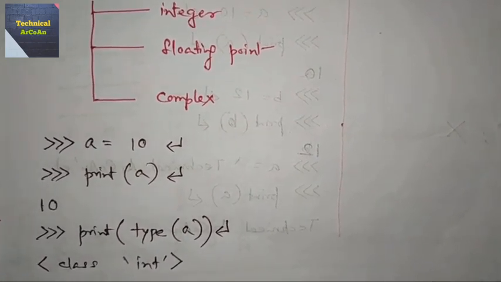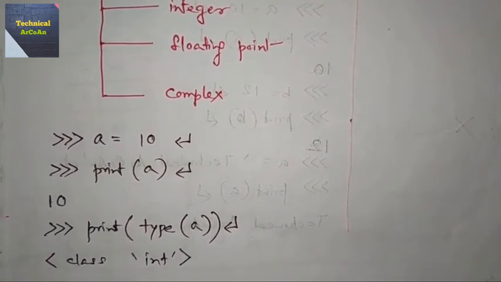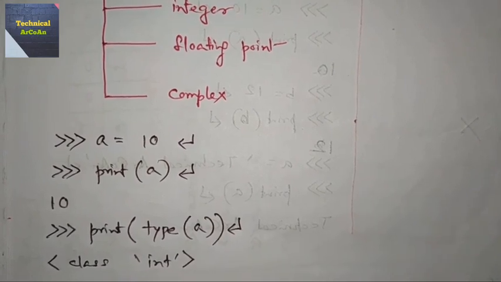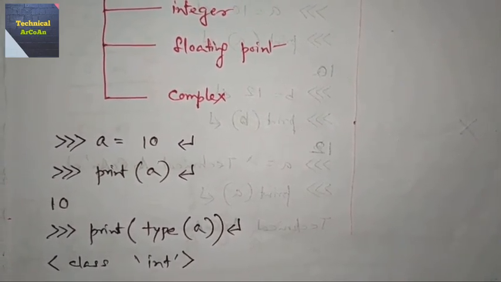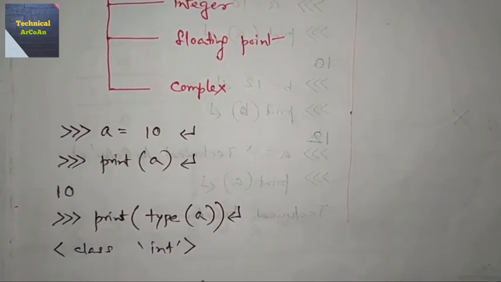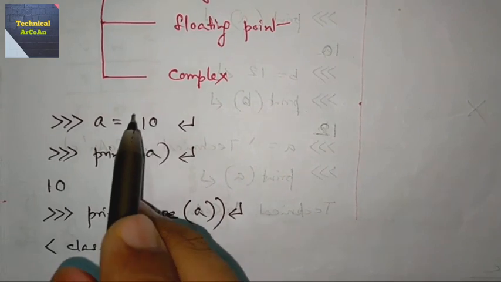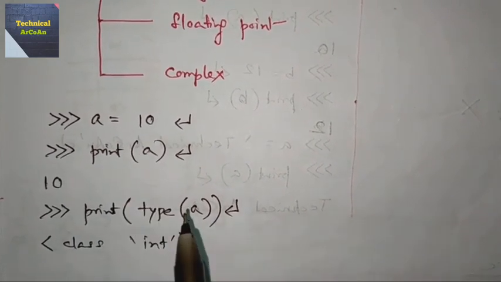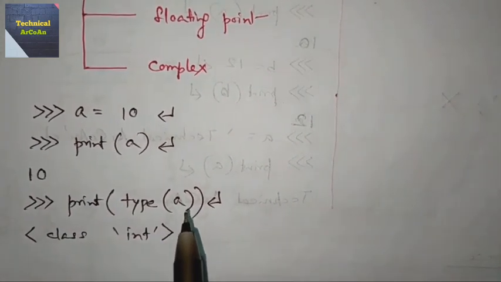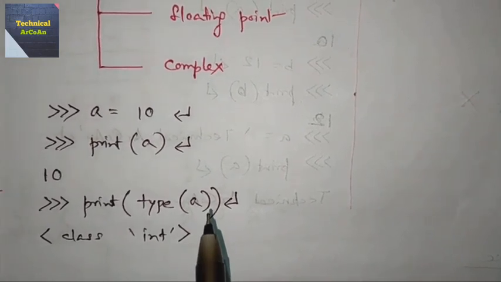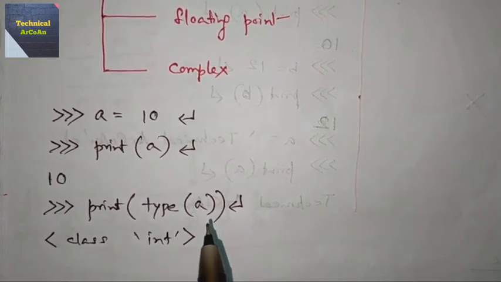Also in Python, more information on integer values with non-decimal bases. We are talking about a = 10, where 10 is a decimal. If we talk about the other non-decimal bases, then we get some other information.